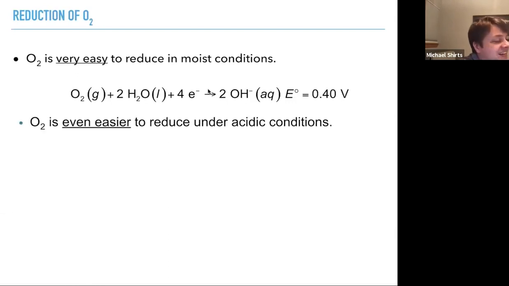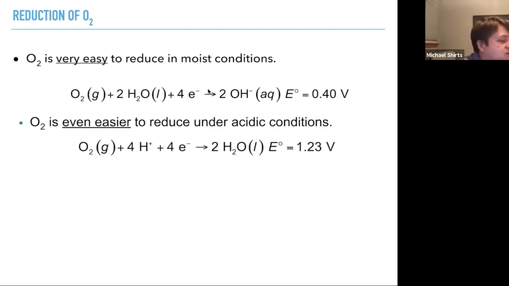It's even easier to reduce under acidic conditions. So O2 plus 4H+ plus 4e- goes to two waters. Now, if you have acid driving it forward, that has a reduction potential of 1.23 volts.